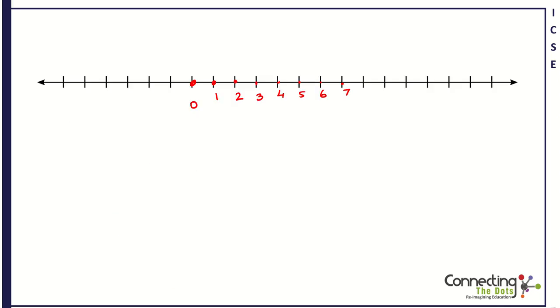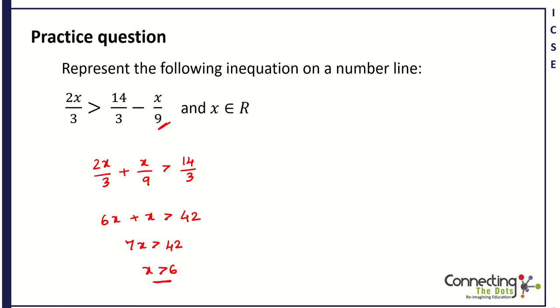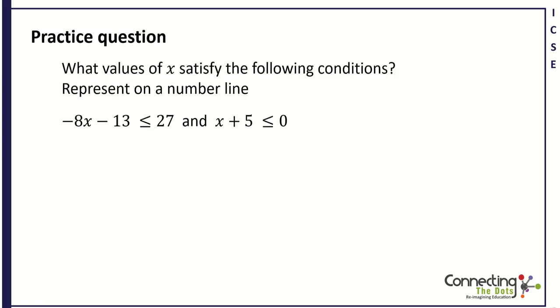So I have to put a hollow dot here, remember, because x is greater than 6, and then an arrow indicating that all real numbers greater than 6 are part of the solution set. You must pause these videos and try these questions by yourselves, and then look at my solution.